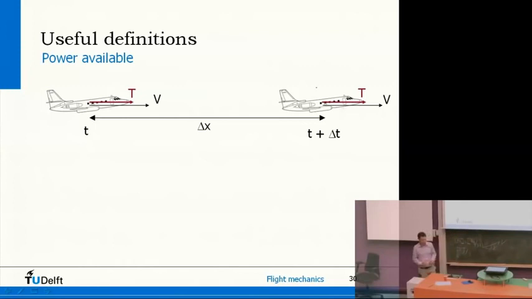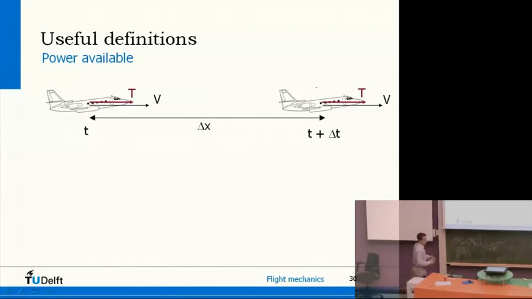What you typically want to do with an aircraft is you want to fly from A to B, right? So at time t you might be on the left there, and at time t plus delta t you might be a little bit further. Of course you have a thrust force in order to get there, and you travel over a distance delta x.